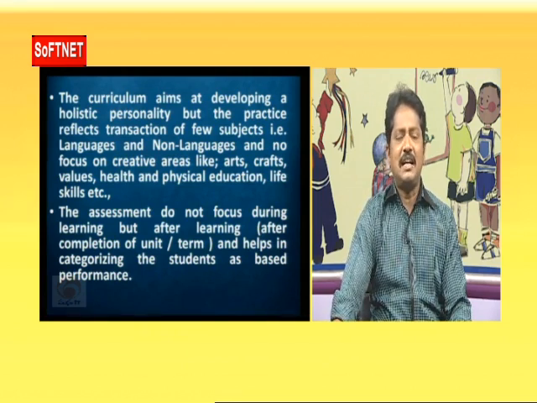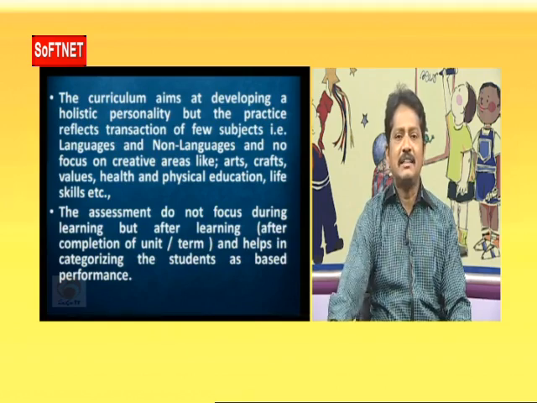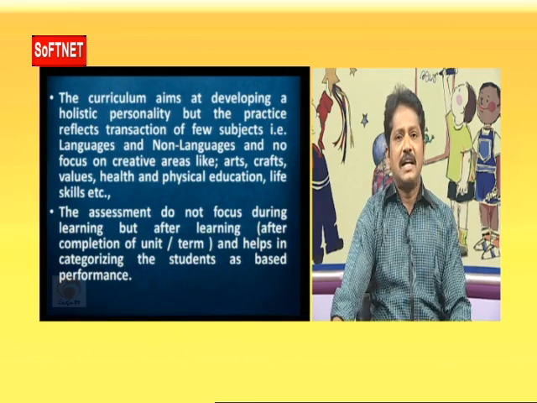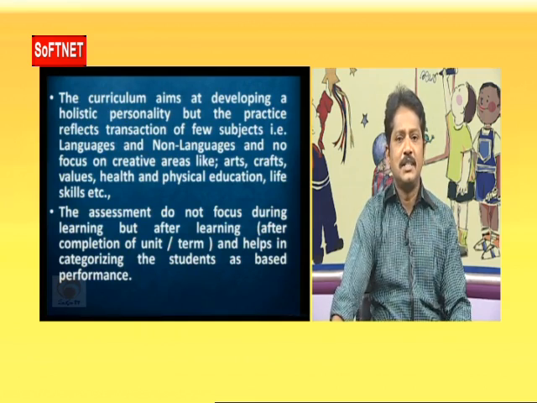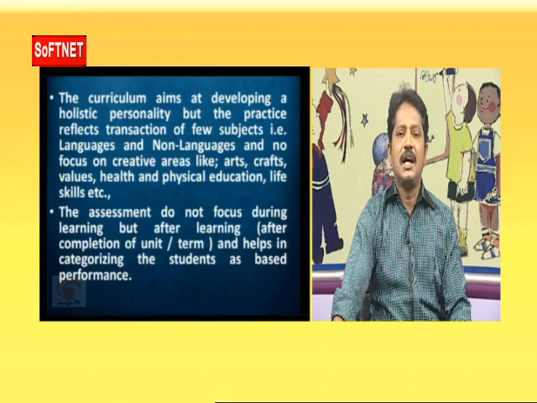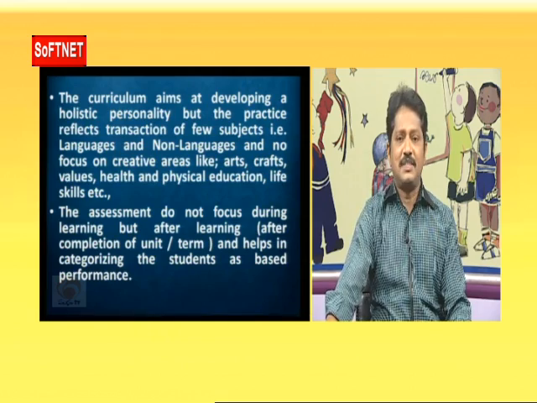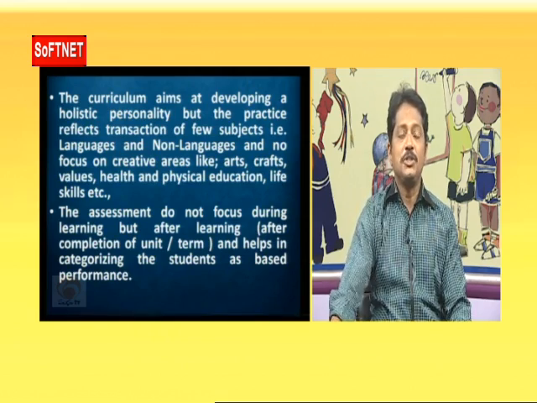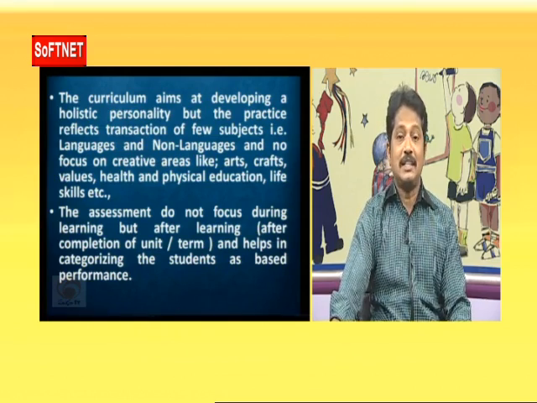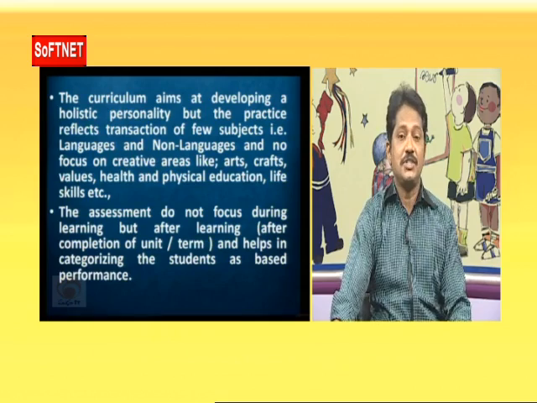The reason is that he will learn by heart like a grinding machine, grinding the concepts and simply reproducing them. There is no scope for the children to learn arts, crafts, value education, to understand health education and to practice physical education, and no scope for life skills. So in the present system we include all these things as co-curricular areas, and they will be evaluated.